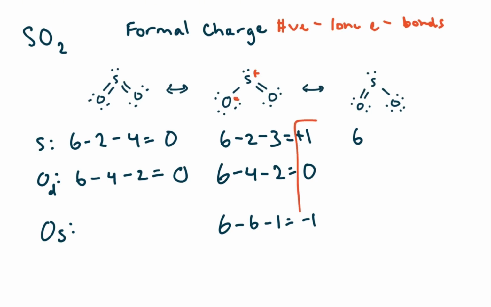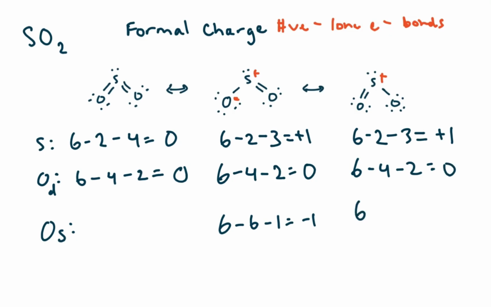Also, we can check if our calculations are correct by looking at the formal charges and seeing if they add up to what this molecule's net charge is, which in this case is 0, and this is correct. Now, last but not least, the third sulfur has 2 lone electrons minus 3 bonds equals plus 1 again, so this has a positive 1 formal charge again, and the double bonded oxygen has 6 minus 4 minus 2 equals 0, single bonded has 6 minus 6 minus 1 equals negative 1, and it has a negative charge right here because this is a single bonded oxygen this time.